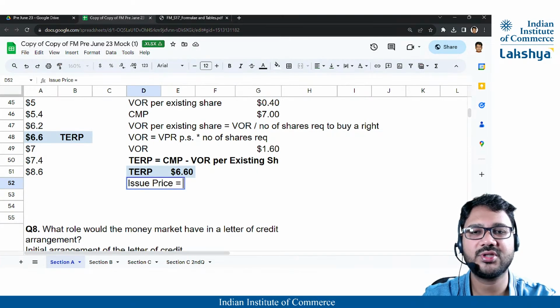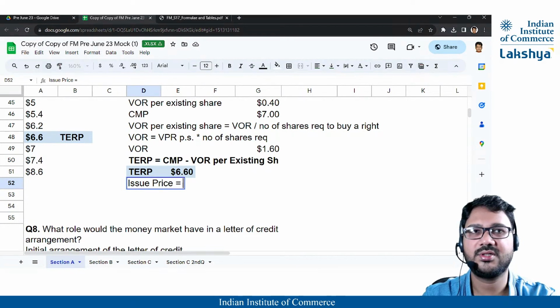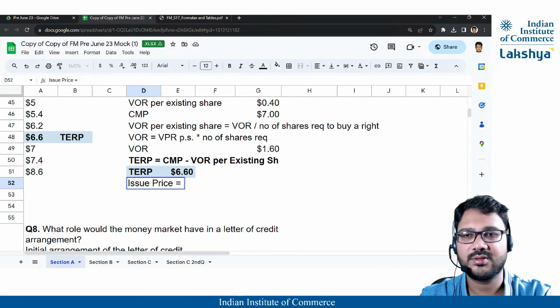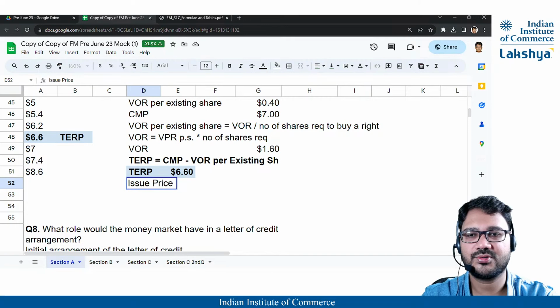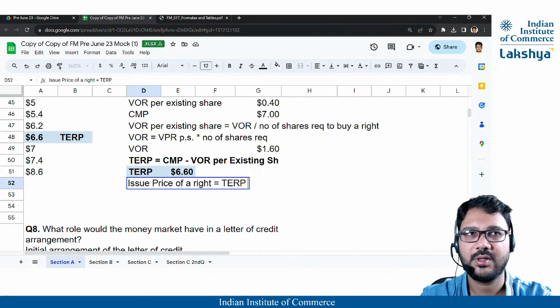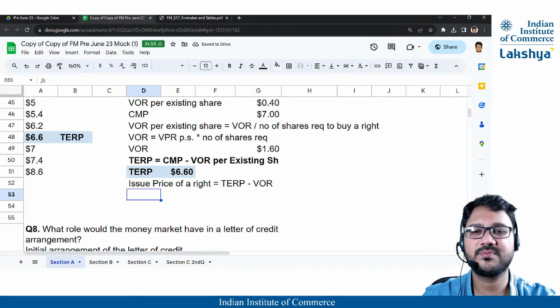I'm just rearranging the formula. So issue price is equal to TERP minus value of a right. So this is the formula for the issue price.